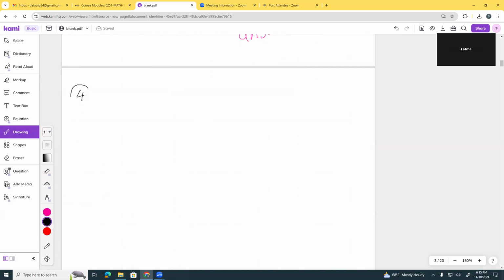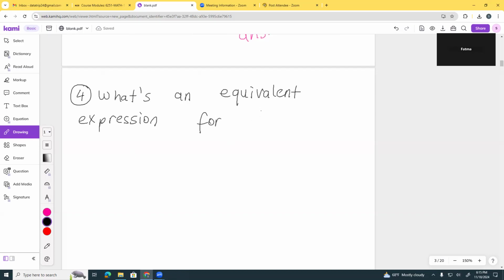Question 4 from the text. It's an easier one. What is an equivalent expression for log base b of m equals negative k?